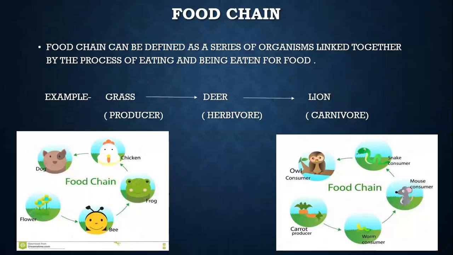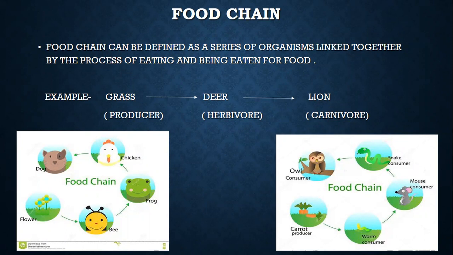Now, the next topic is the food chain. As we already discussed, plants and animals are the sources of food. And plants prepare their own food with the help of sunlight and chlorophyll. So ultimately, what is the main source of energy on earth?